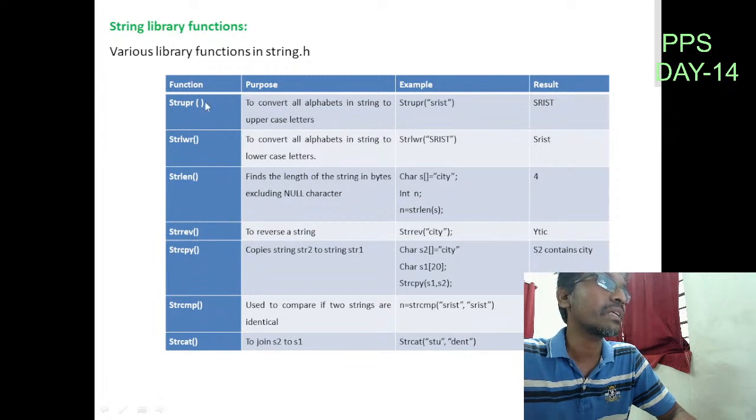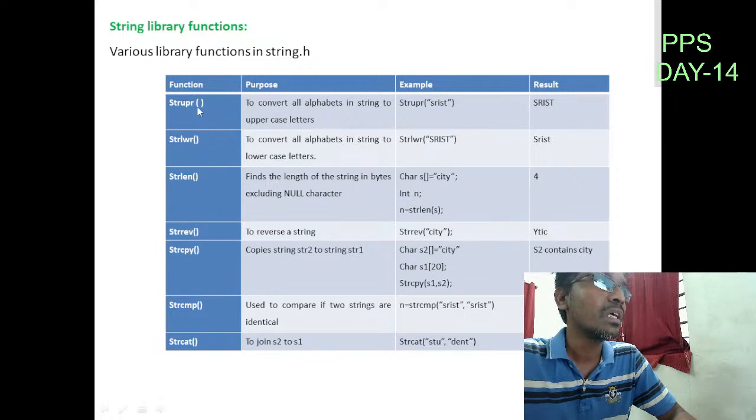So these are the different types of string operations that can be done on strings. If you want to use all these methods or functions in our current running program, you should include the string.h header file. Under the string.h header file, all these methods or functions will be available.